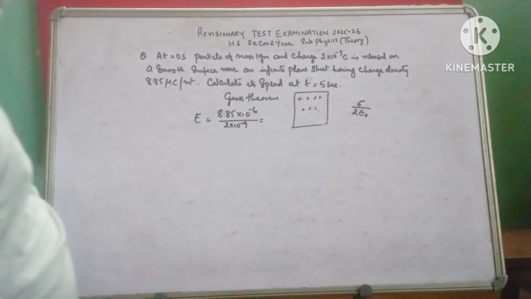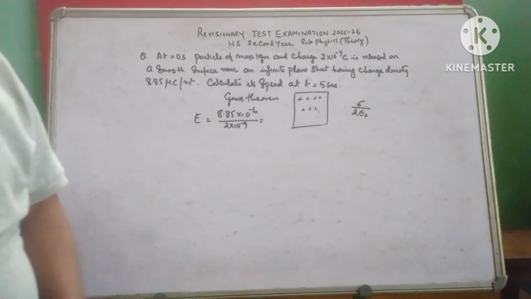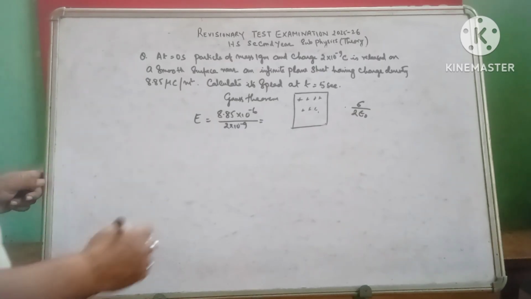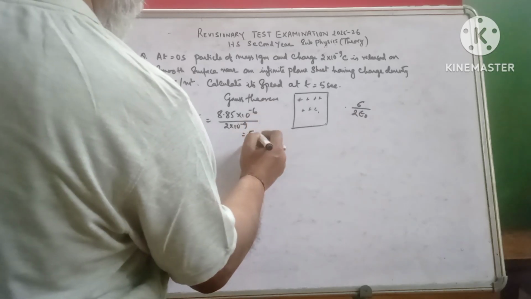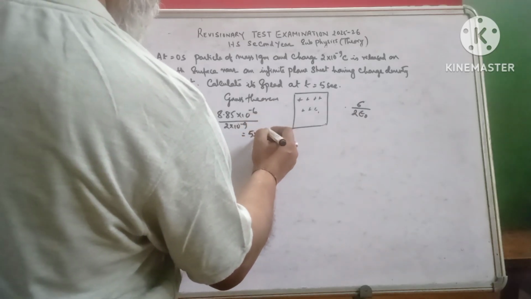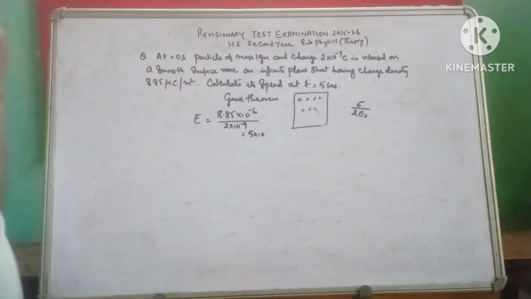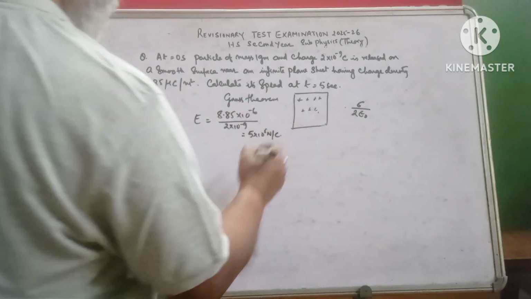So let me do the calculation. This comes out to be 10 to the power of 6 by 2, that is 5 into 10 to the power of 5 Newton per Coulomb.